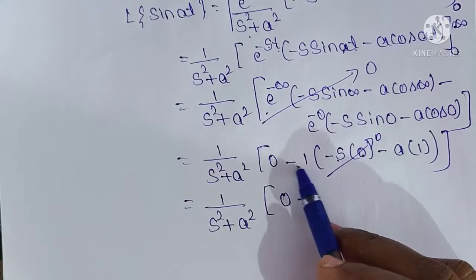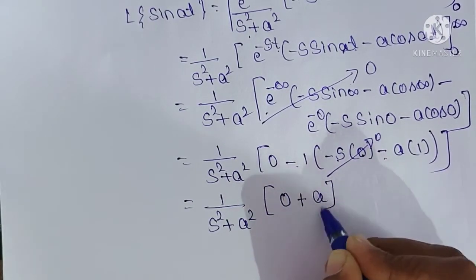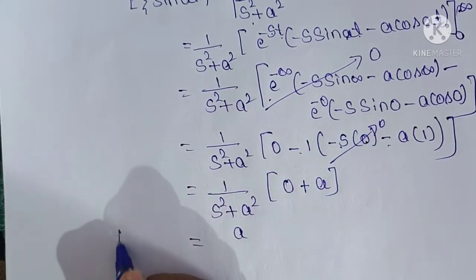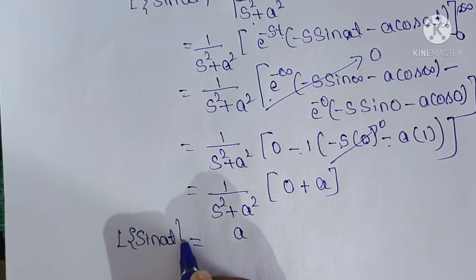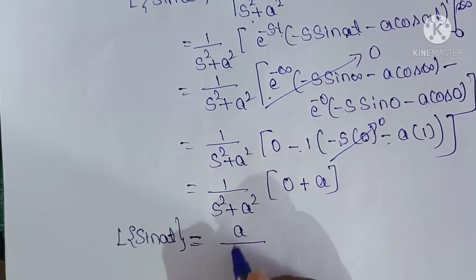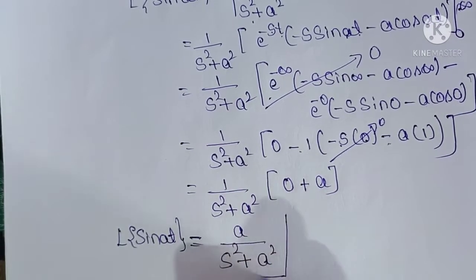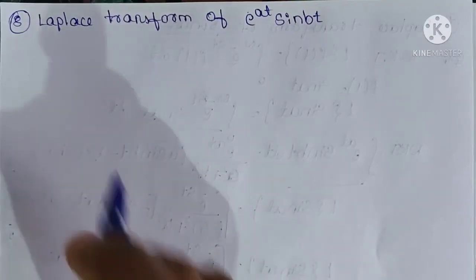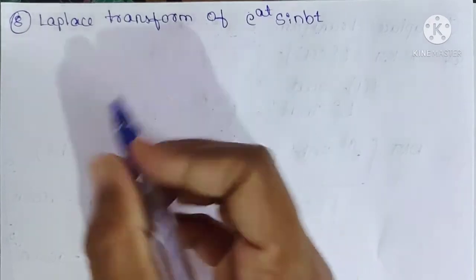Remaining minus 1 into minus a is plus a. 0 plus a is a. Therefore, L of sine of at is equal to a divided by s square plus a square. Hence the solution.